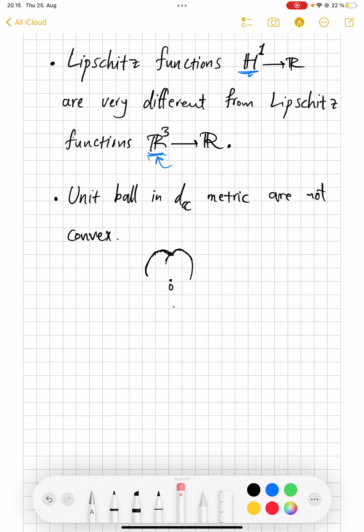So the balls of smaller radius look even flatter, because if this is epsilon, in this direction you have to go only root of that much. The ratio is root of that much, which is much smaller than would be in the Euclidean case, so they look even flatter. Balls are flatter for small radius.